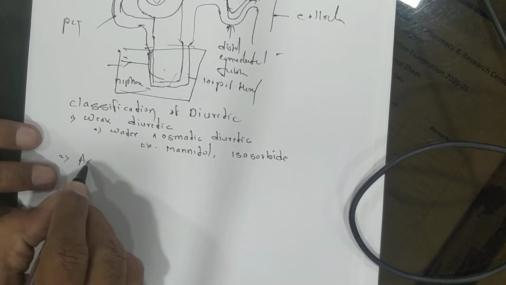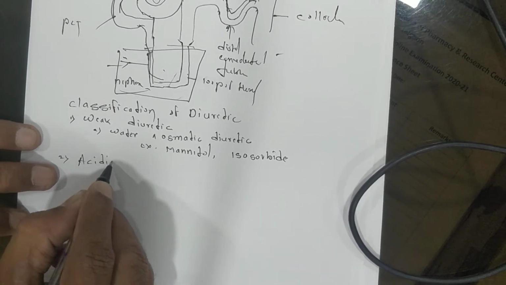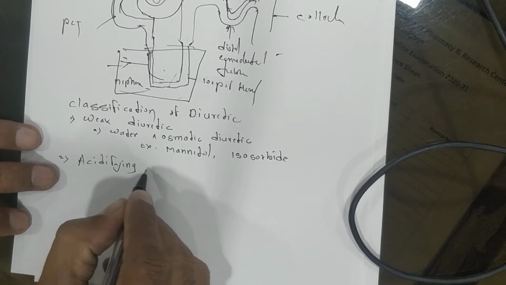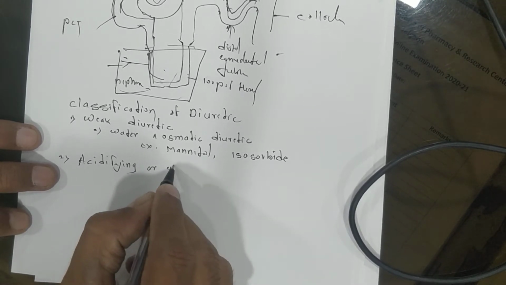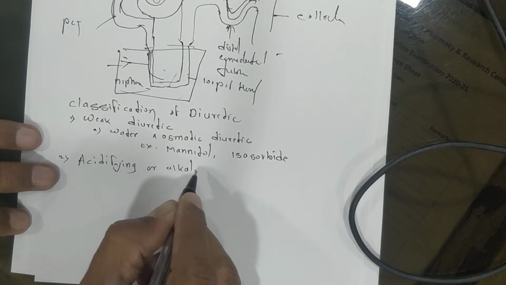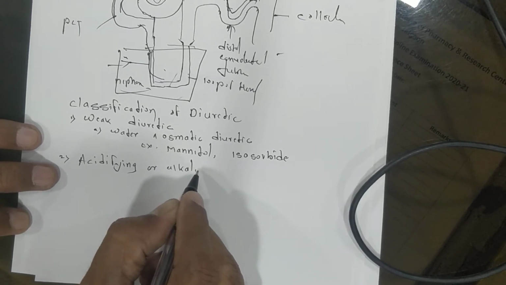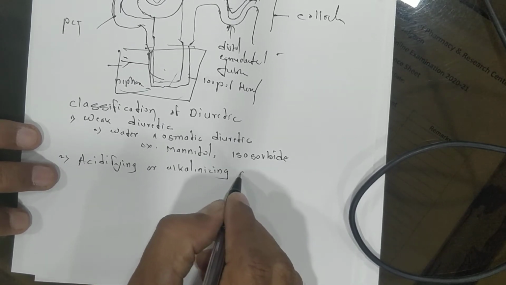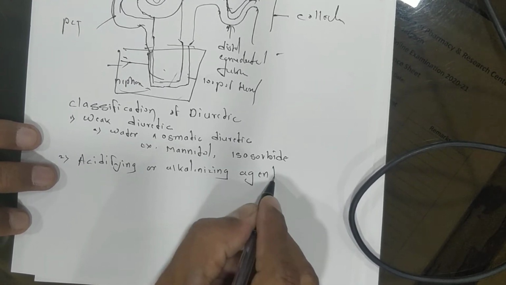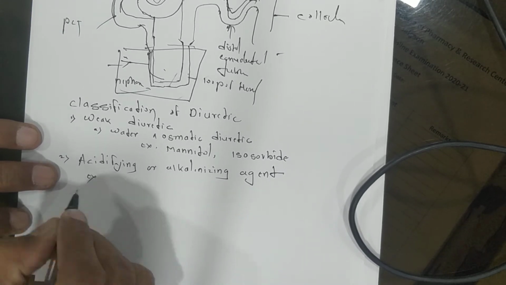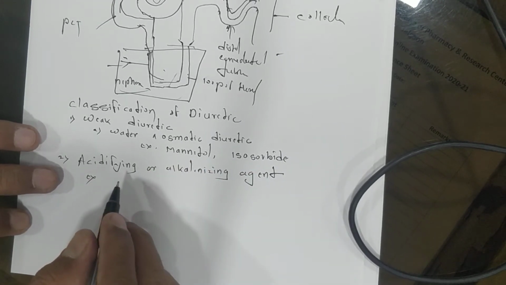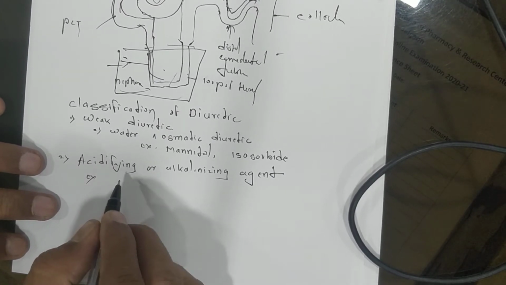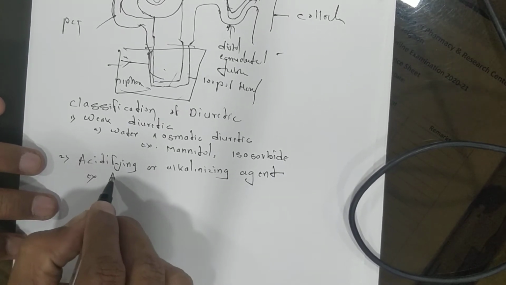Second, acidifying or alkalizing agents. Examples: ammonium chloride, potassium citrate.